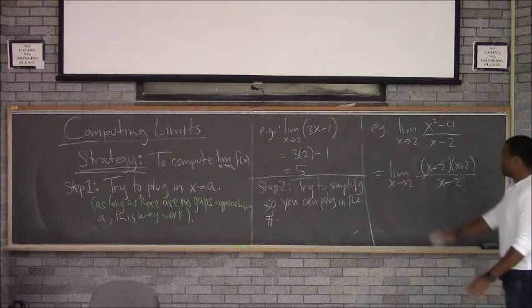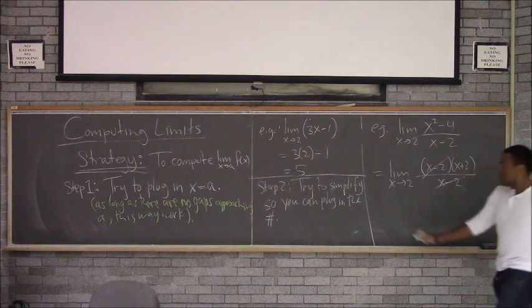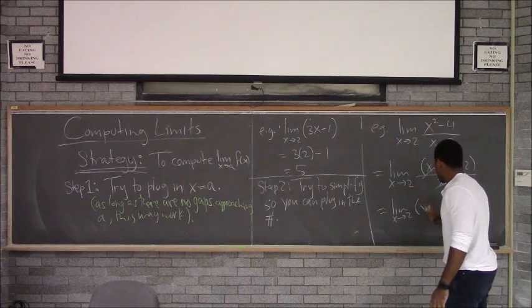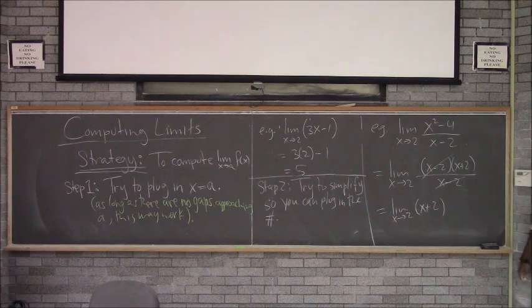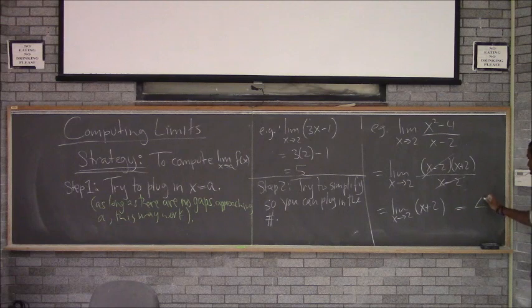This will cancel. Now remember, this function will behave like x plus 2, except if we're at 2, and good for us, the limit doesn't care whether we can get to 2 or not. So as far as the limit is concerned, the limit of this is exactly the same as the limit of that. And now you can get to the fact that that is 4.